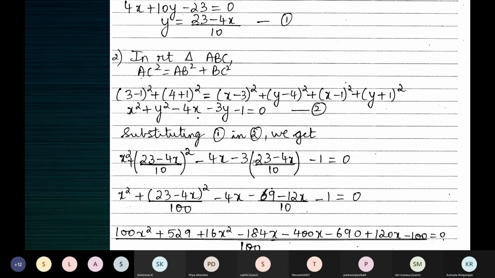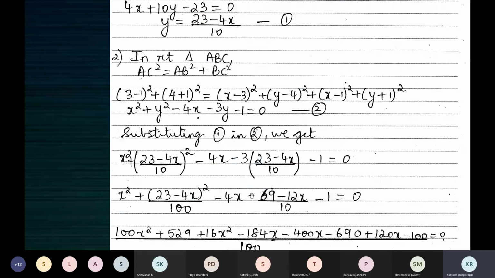Now I have multiplied only the 3 inside. 3 into 23 is 69. 3 and minus 4x, minus 12x. I'm just taking this number inside. This connecting sign minus remains here.